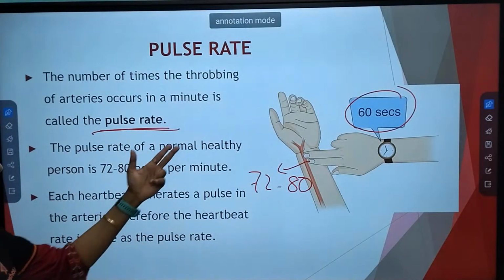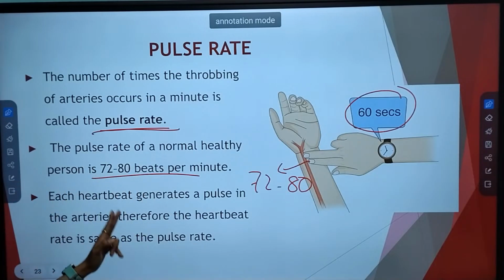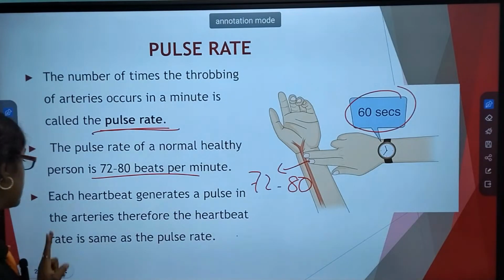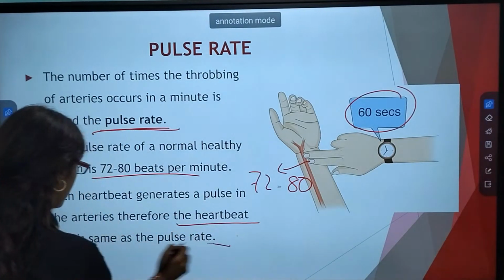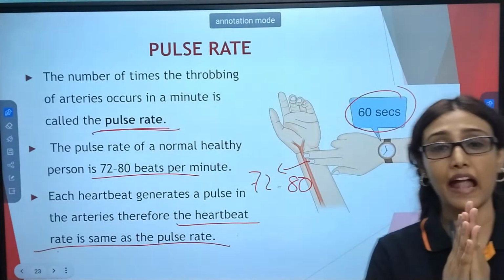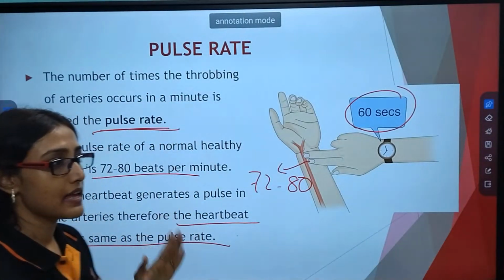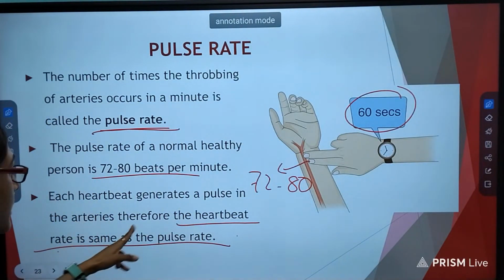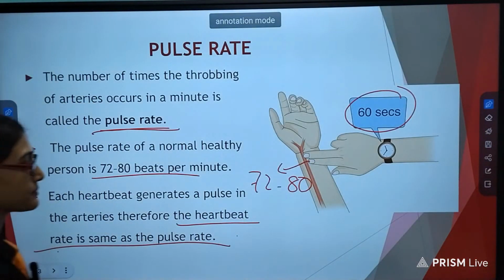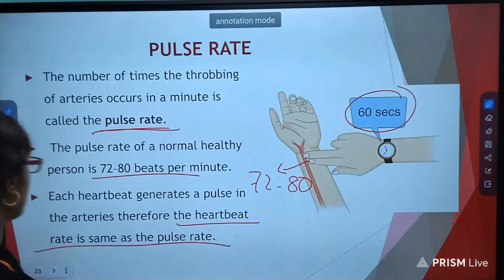The pulse rate of a normal healthy person: each heartbeat generates a pulse in the arteries, therefore heartbeat rate is the same as pulse rate. Just now I have explained this. As many times as the heart contracts and relaxes, the same happens with the pulse rate also. So heartbeat and pulse rate are both equal.